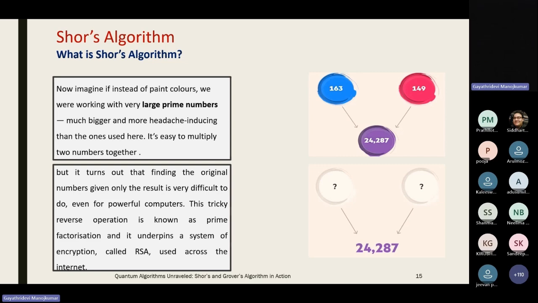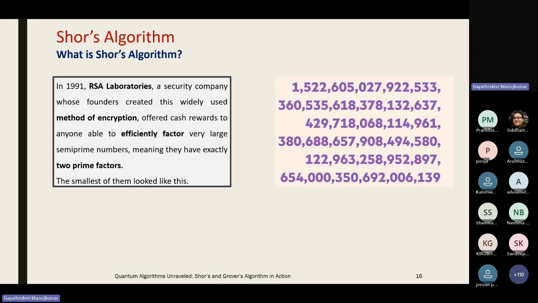Okay. In 1991, RSA Laboratories conducted a cash reward competition. They asked people to find the two prime factors for the smallest number you are looking at on the screen now.